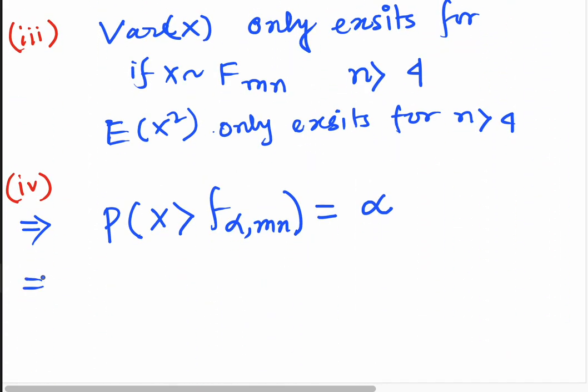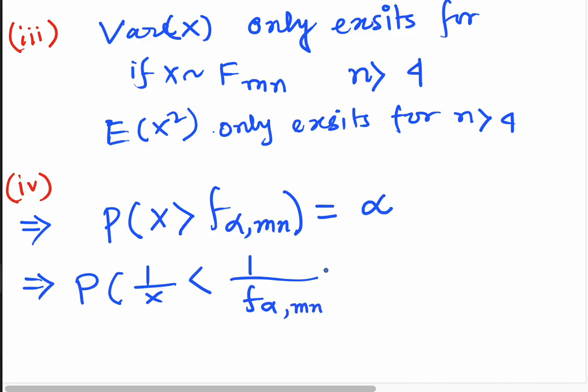This means the probability of 1 by x less than 1 over F alpha m n is 1 over alpha.